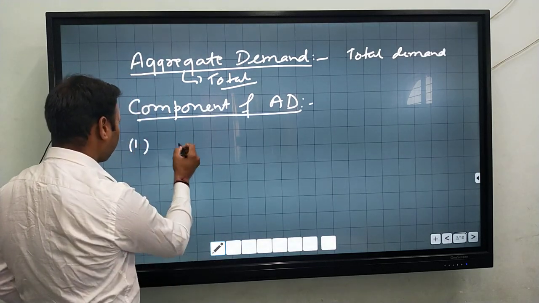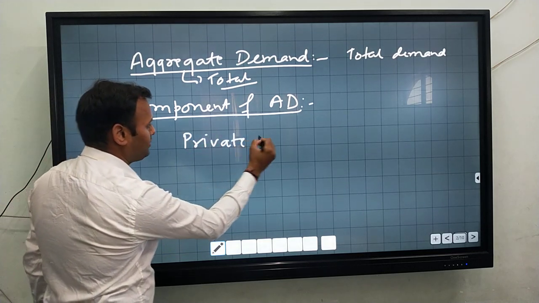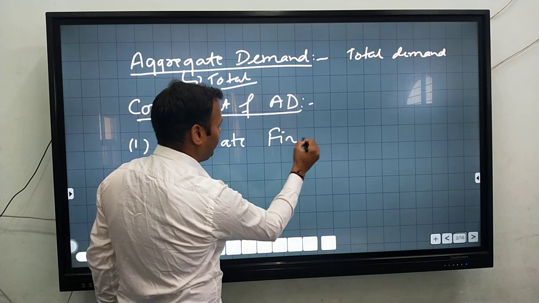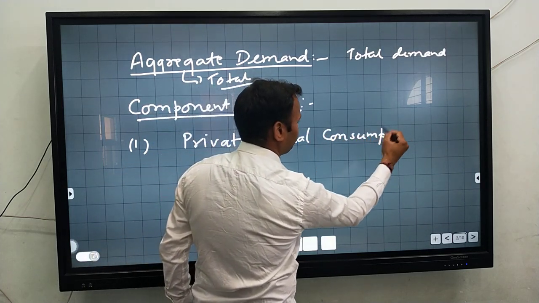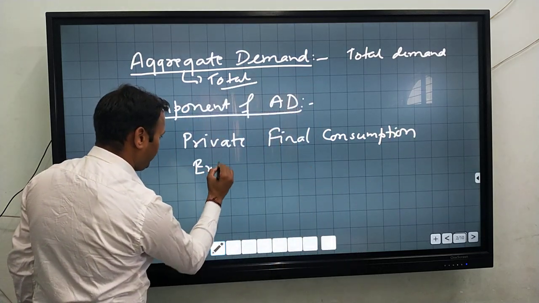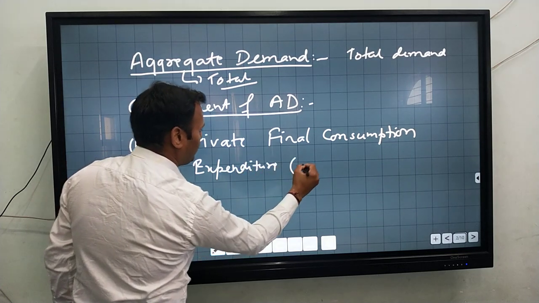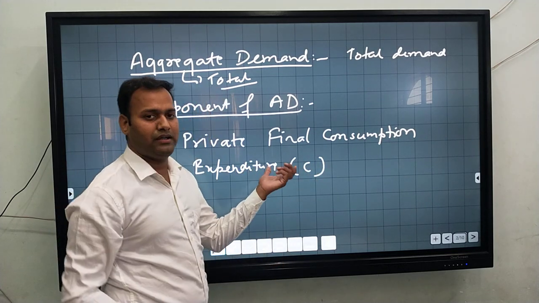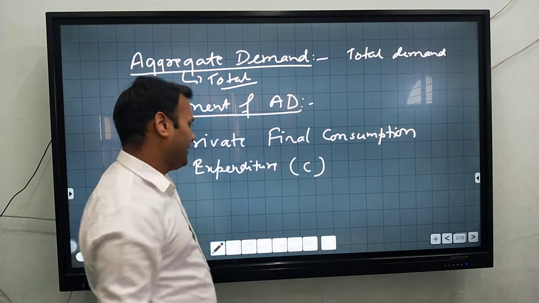That is, first is private final consumption expenditure. Okay, you can write C, or in some books they write P. Okay, so C or P you can write here.